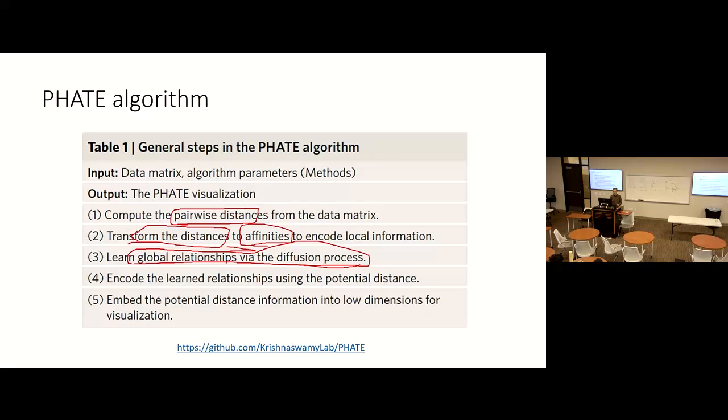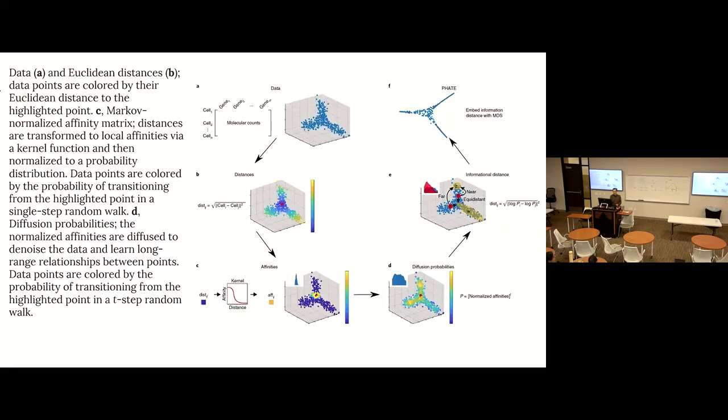So at the end you get a distance matrix. Okay. It started with a distance matrix, but learned the process using this transformation, using a diffusion process.